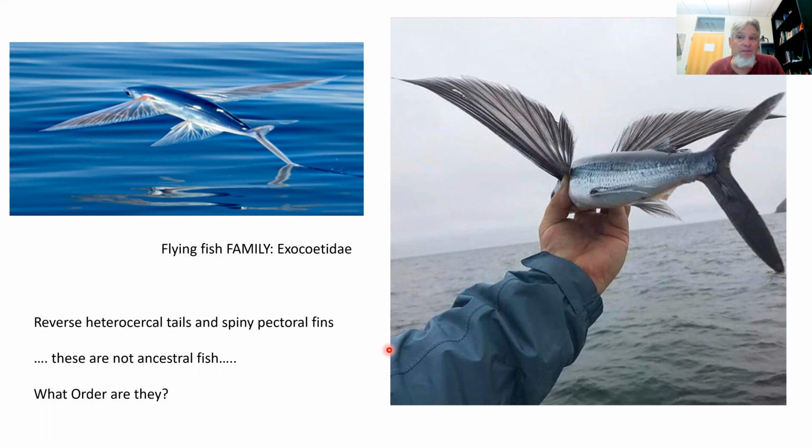So this includes silversides, it includes the livebearers like guppies and mosquitofish, and it includes the flying fish as well. So they have a reverse heterocercal tail. So the lower lobe is longer than the upper lobe, and the pectoral fins are reinforced with these very strong spines that make them wing-like.